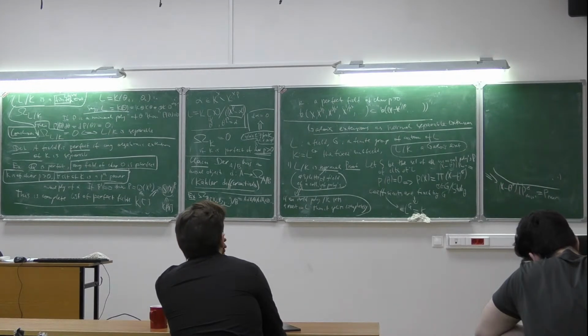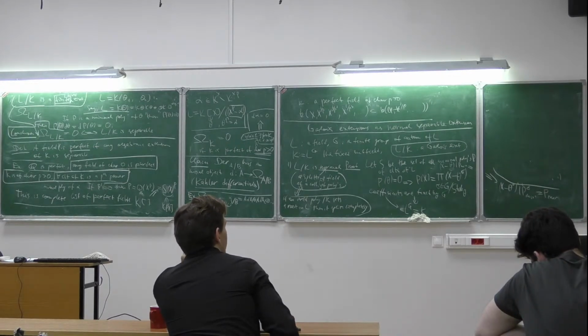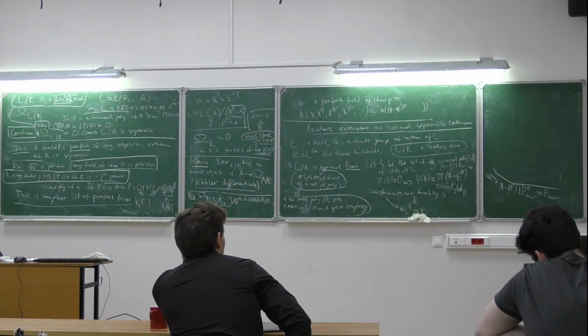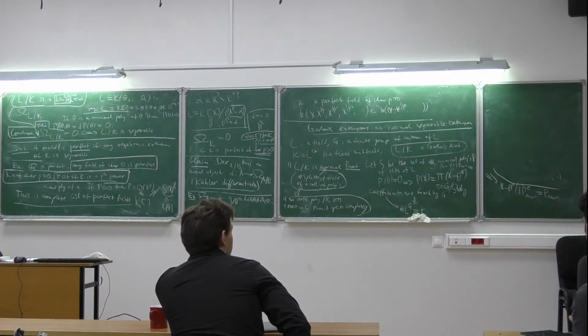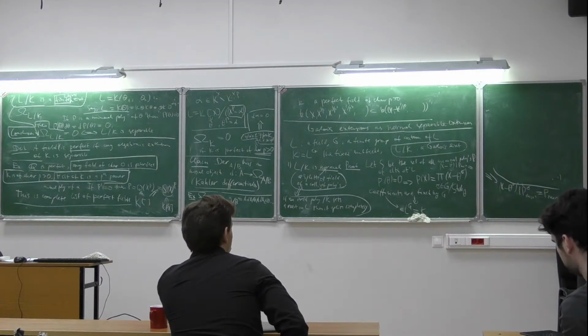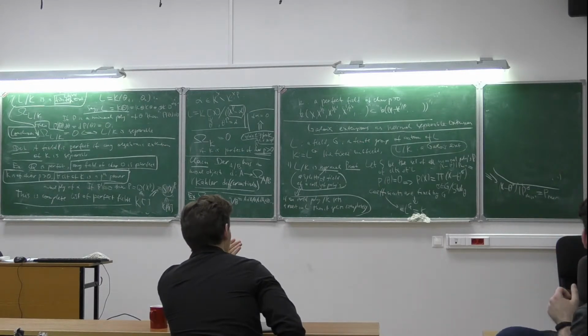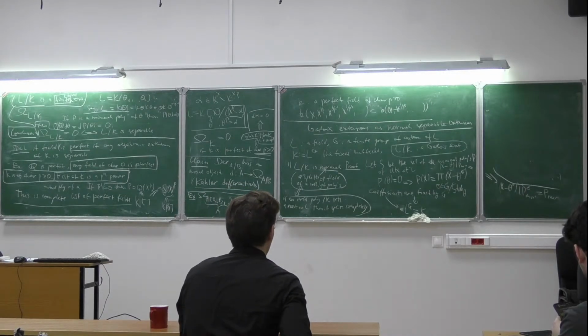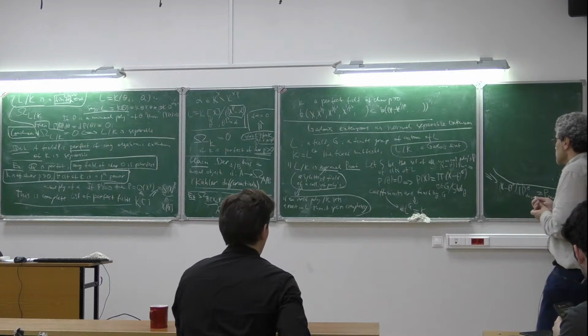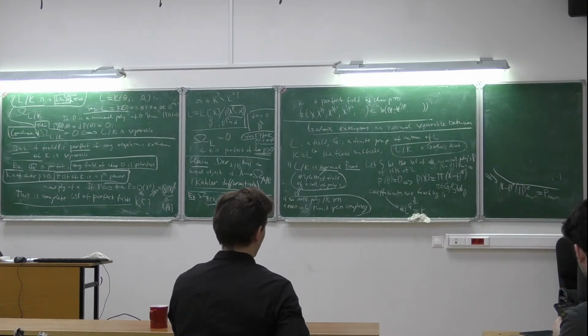So again, we know that we already have the minimal polynomial, and we see that it doesn't have multiple roots. But you should be careful a little bit.